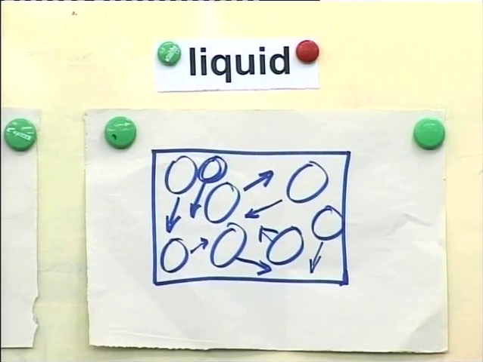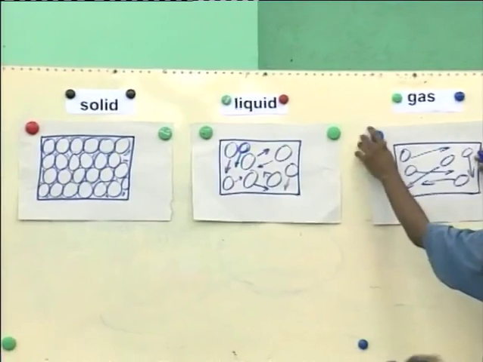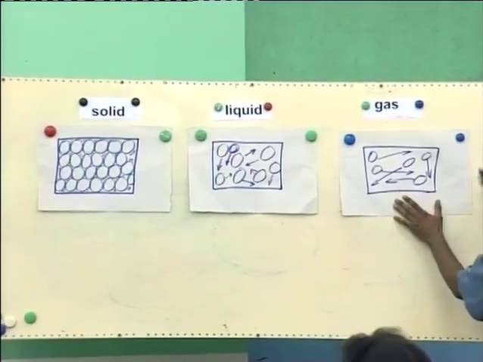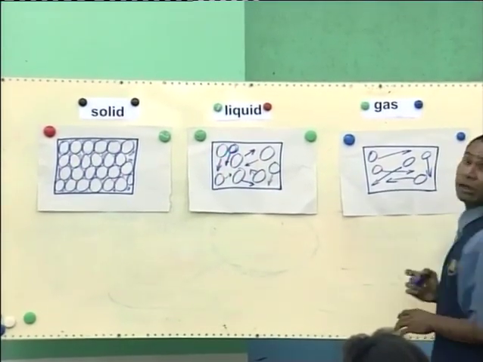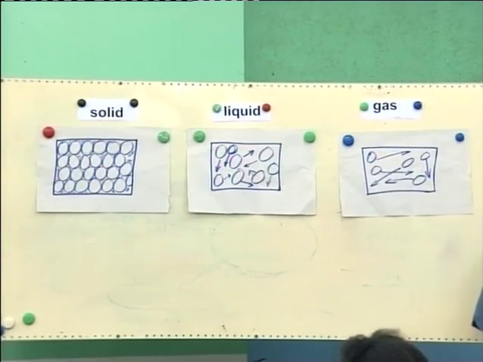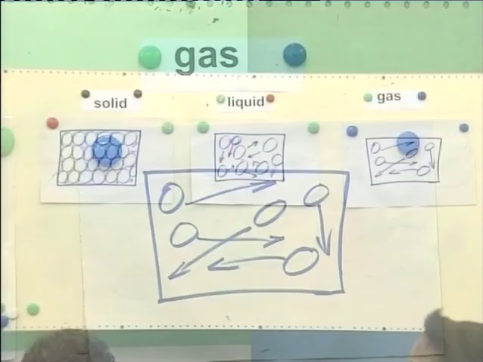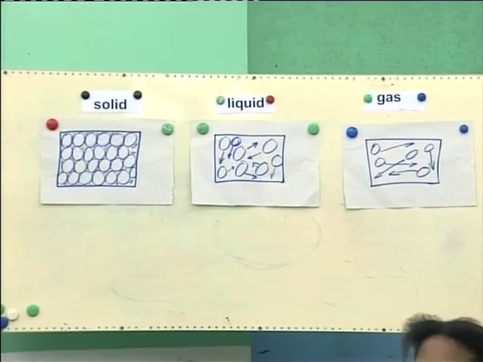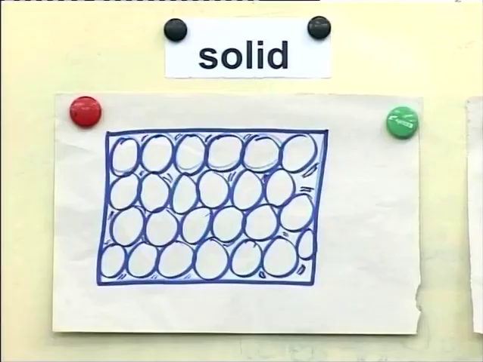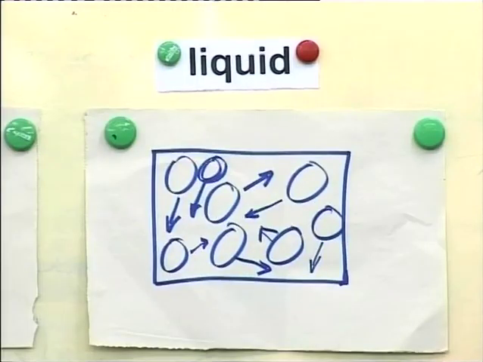Finally, your gas particles should look like this, with arrows showing where they're going at a high speed. So that is the behavior of particles in each of the three states of matter: solid, liquid, and gas.